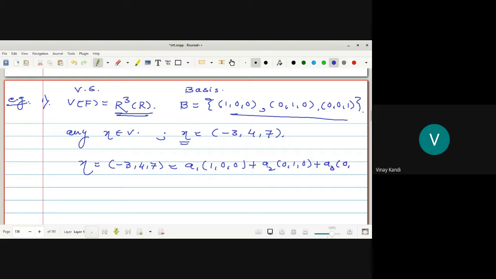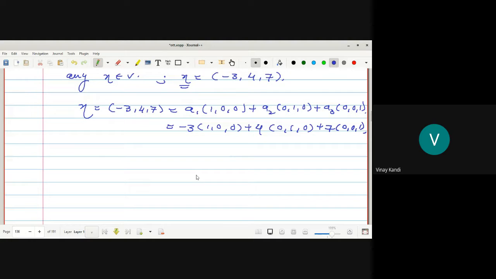Now what are the values of A1, A2, A3? A1 is -3 times (1 0 0), plus A2 is 4 times (0 1 0), plus 7 times (0 0 1).